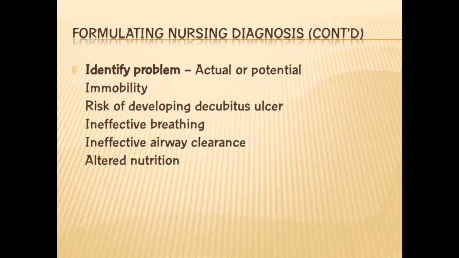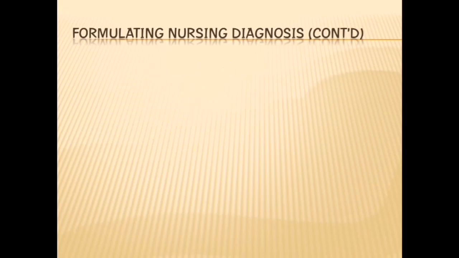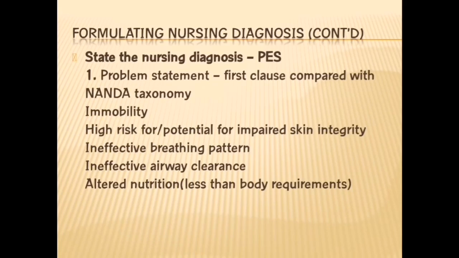Because the patient is coughing or has nasal congestion, there will be ineffective breathing or ineffective airway clearance. Because the patient lacks appetite, altered nutrition. So you develop the problems based on whether they are actual or otherwise.